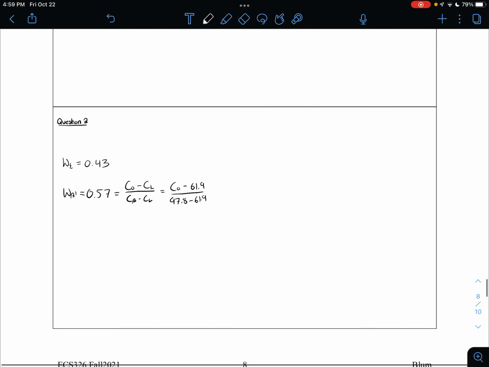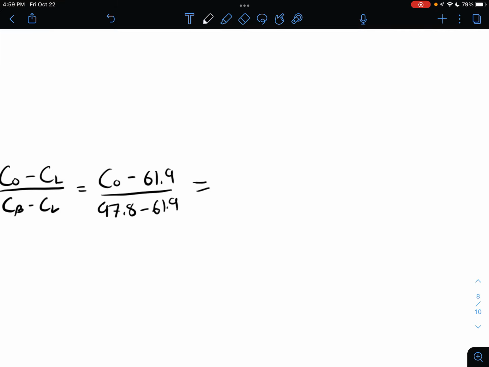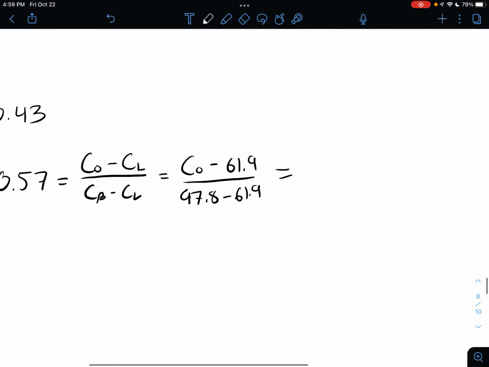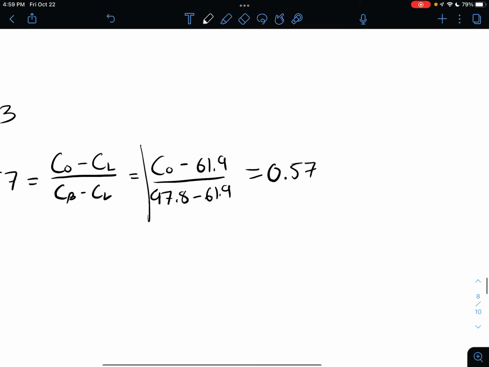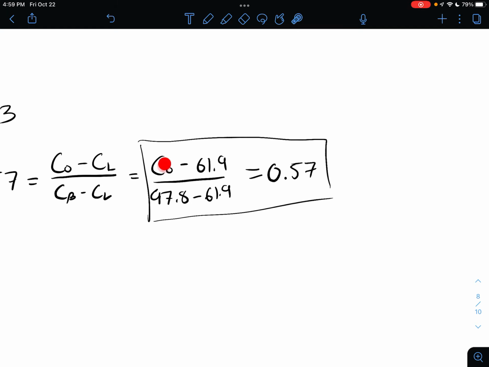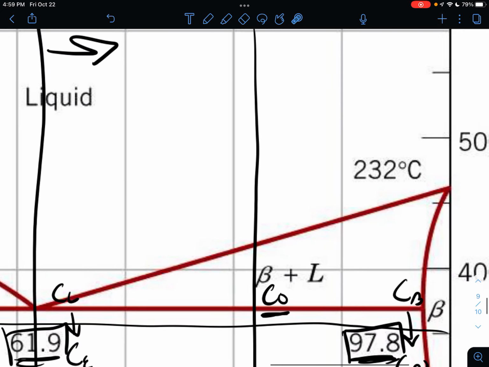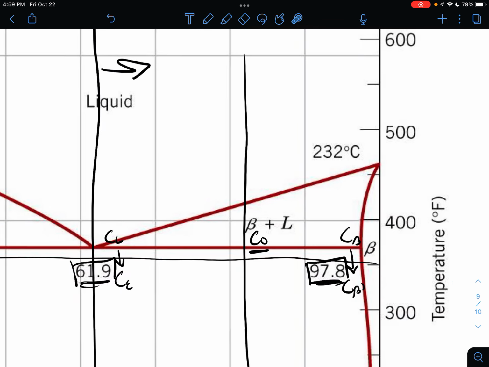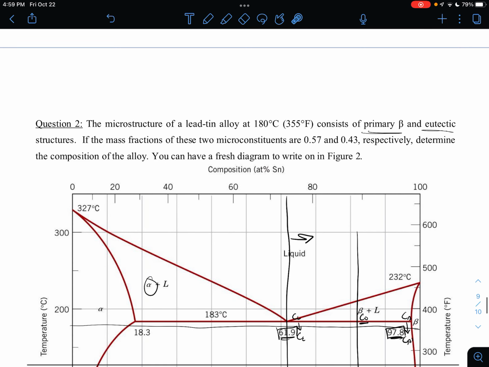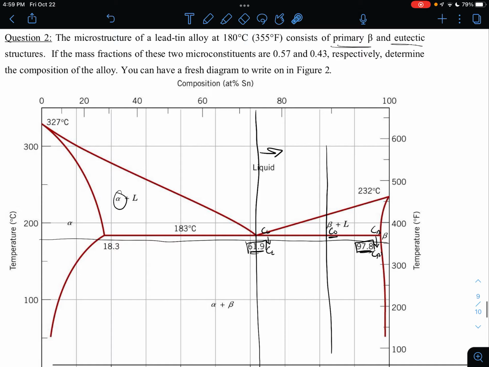Now from here we can set that equal to our original mass fraction of primary beta, 0.57, and we can use this equation to then solve for our C0, or our original composition of whatever the alloy is.